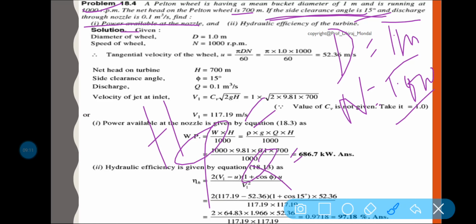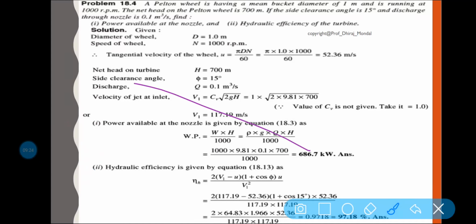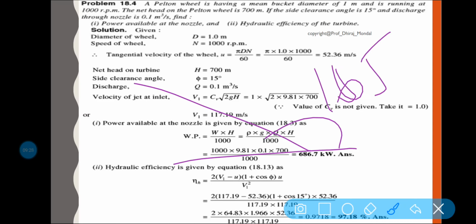Find the power available at the nozzle and the hydraulic efficiency of the turbine. One more thing: it will either be given in terms of the angle of deflection, which means this angle, 165 degree, or it will be given as the side clearance angle, that is also phi, or it is also called the guide vane angle.